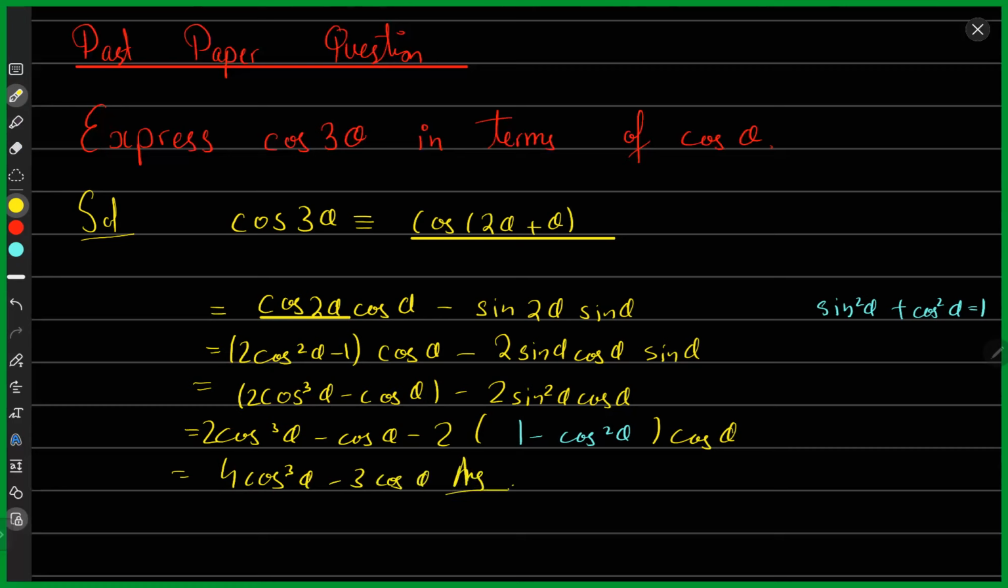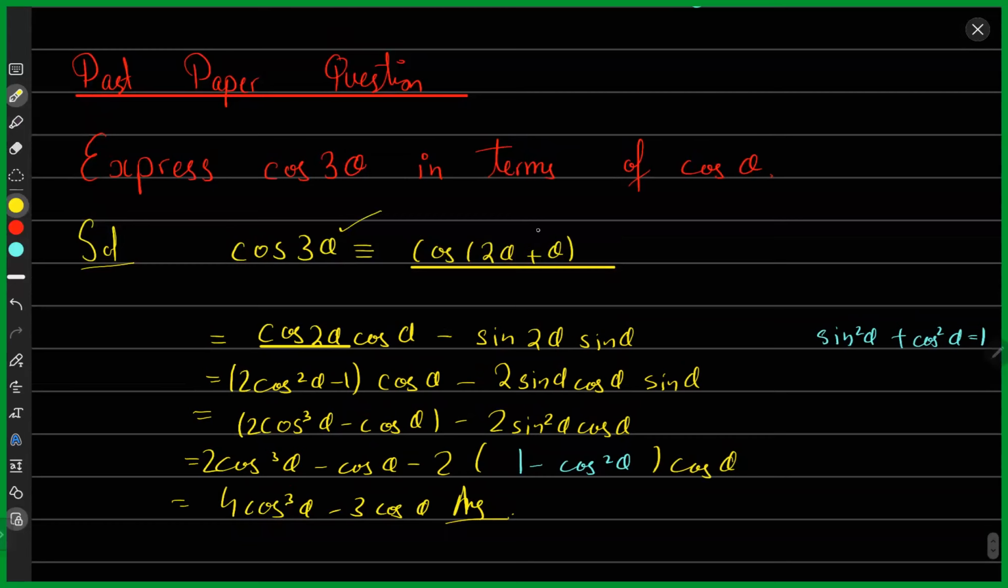So again, we were asked to express cos 3 theta in terms of cos theta. I know that cos 3 theta can be written like this, and I know how to deal with cos of A plus B. So I assumed that this was A and this was B, and I've expanded it using that. And then I have further used the double angle formulas. Like sine 2 theta can be written as this part, and then sine and sine would make it sine square theta.